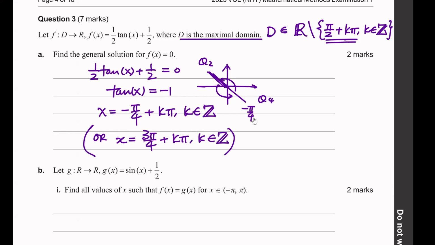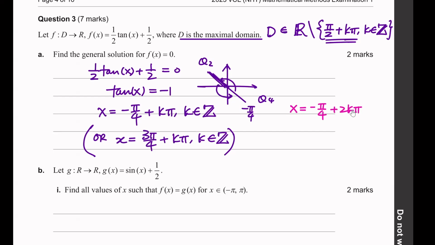Usually amongst my students, it's not uncommon for them to write things like x equals minus pi on 4 plus 2k pi. But the problem with this expression is you only get, let's say, each full term. So you will go past this solution here. Okay, you bypass the solution in the middle.